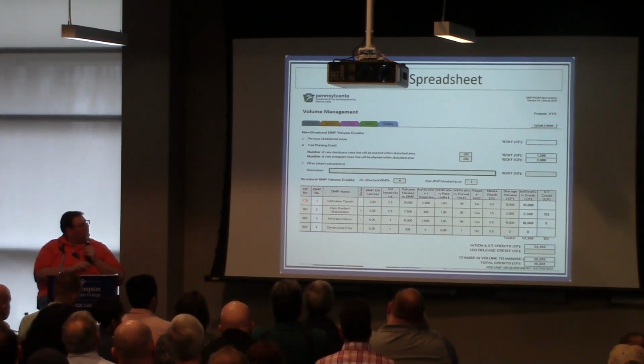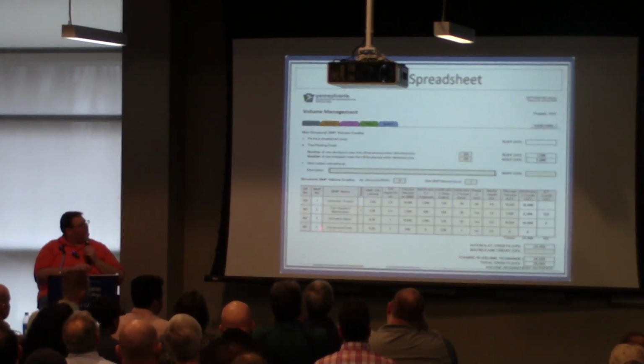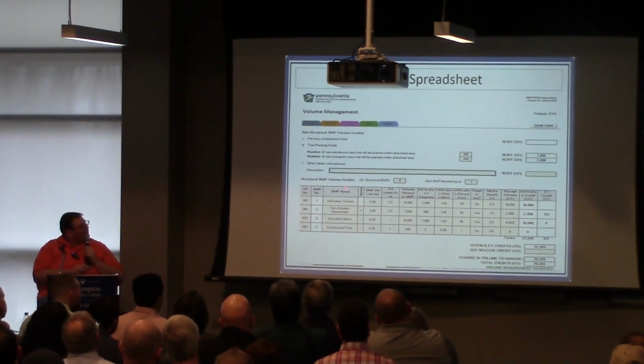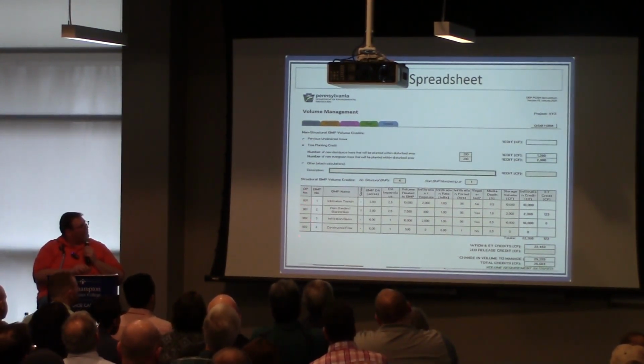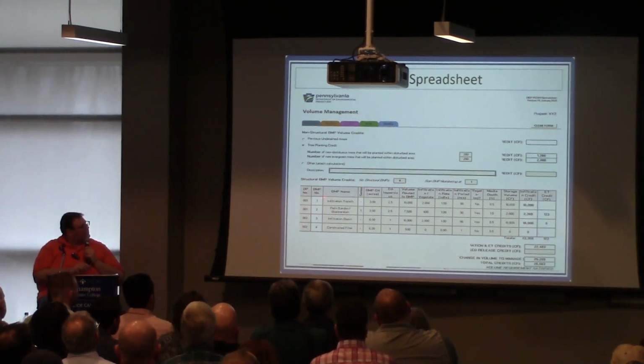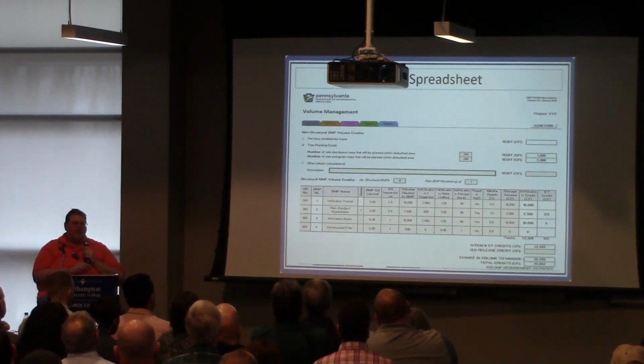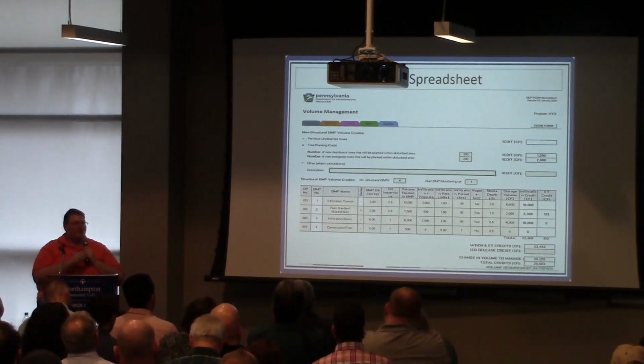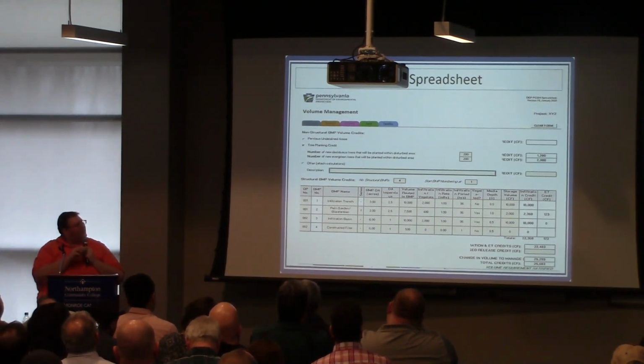It'll give you your BMP numbers, and then what drainage area it's in. The BMP name, again, should all be correlating back to the BMP manual, back to your plans, back to the NOI and the modules, and they should all be consistent.